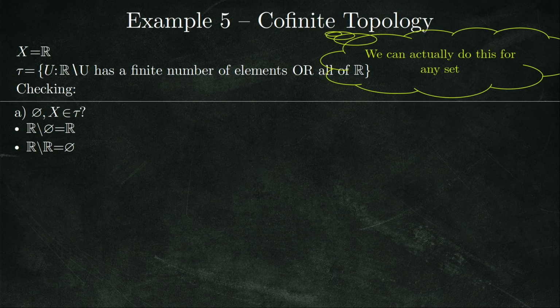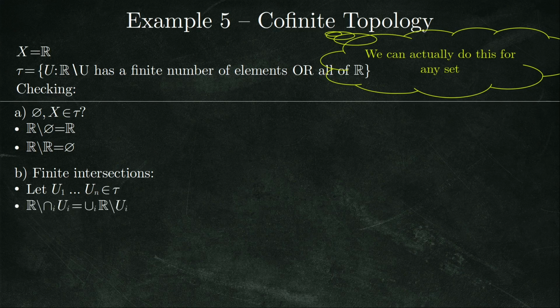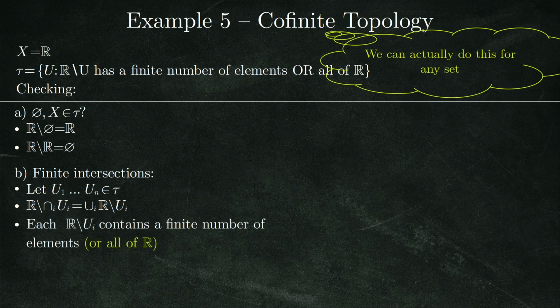Okay, now you've had a think, let's have a look at finite intersections. So let U_1 to U_n be a collection of open sets. Then the complement of this intersection is the union of the complements. That comes from De Morgan's law. Each of these complements contains a finite number of elements, since that's the requirement for them to be open.